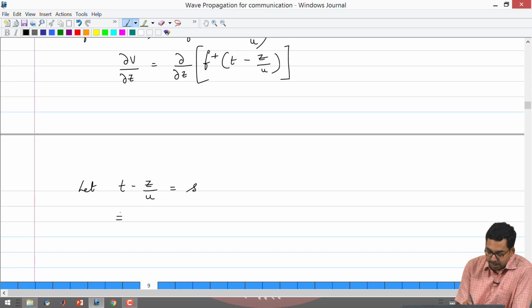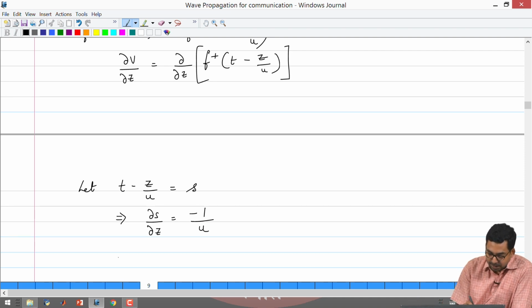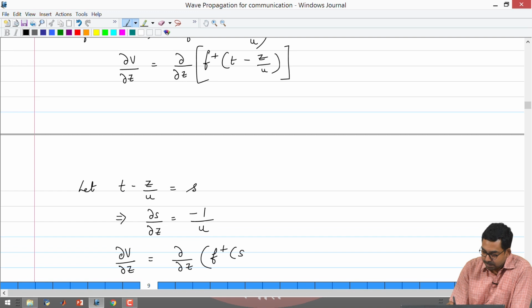Then we can immediately write down dou s by dou z, right. It is going to be minus 1 by u. So, we can go back to our equation and say that dou v by dou z on the left hand side is equal to dou by dou z of f plus of s.